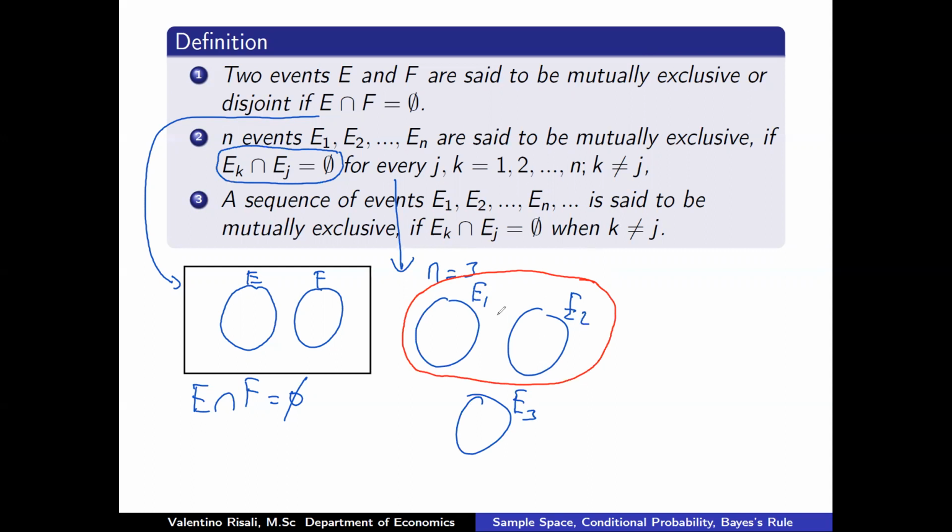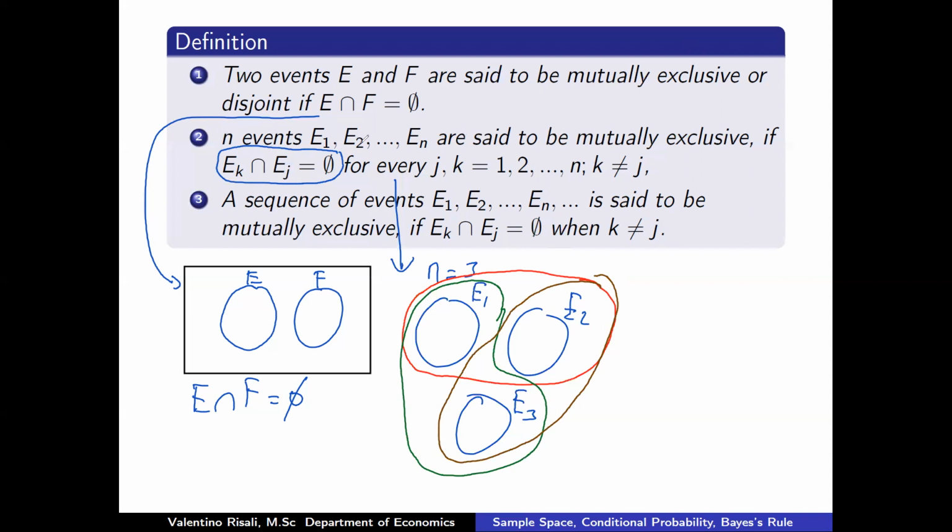The second observation, E1 and E3 are also disjoint. And for the final observation, E2 and E3 are disjoint. So this illustration shows that these n events are mutually exclusive.